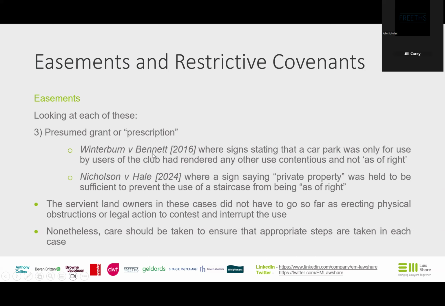In these cases, there's no use getting too hung up on the specifics, because each case will turn very much on its own facts. So they're only a light guideline as to what the court might do. But what is clear is that the servient landowners weren't obliged to go so far as erecting physical obstructions or taking legal action to stop the use.